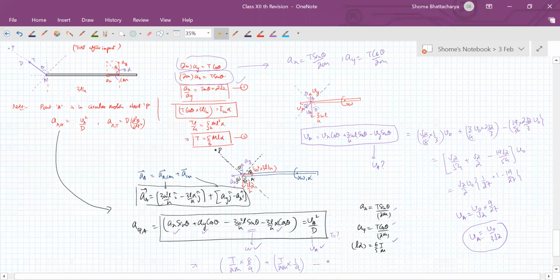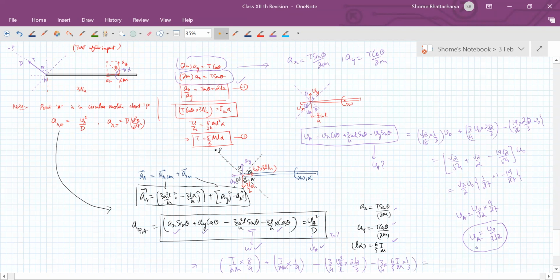Okay, minus 3 by 4 v naught square by L sine theta. Okay, plus, or rather minus, 3 by 4 into L alpha, which is 6 by 5 t by m into cos theta, which is 1 by 3.